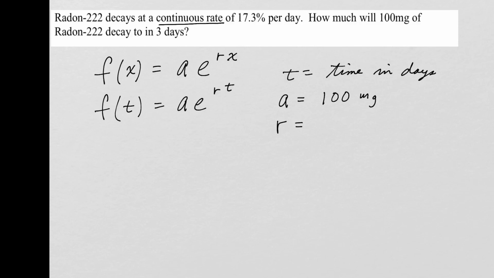It's decaying. So this is going to be negative 0.173. I want to write it as a decimal, so I have to move that decimal point 2 places to the left. If it's growth, R would be positive, decay, R is negative. And then t in this case is going to be equal to 3 days.